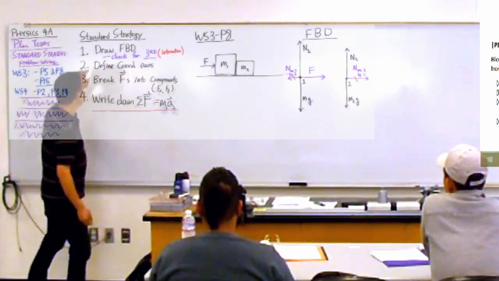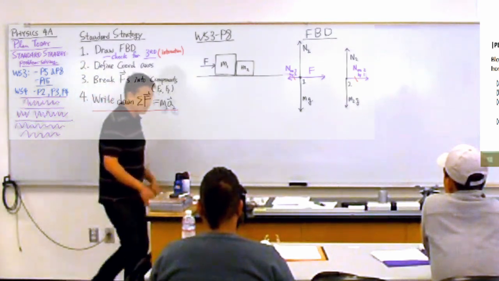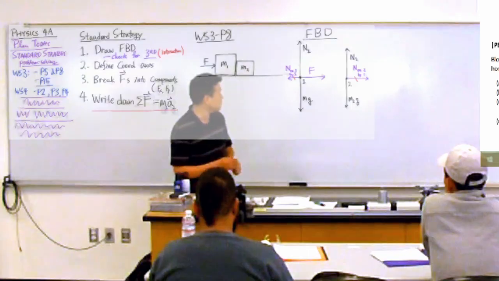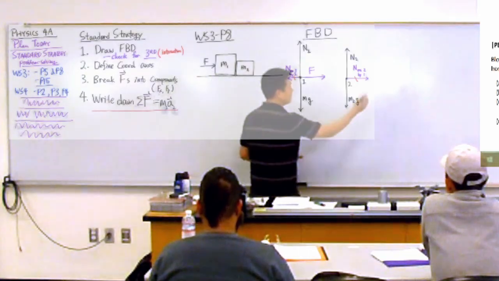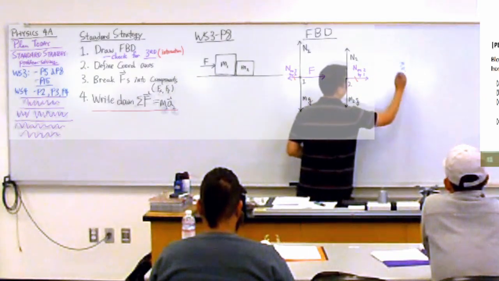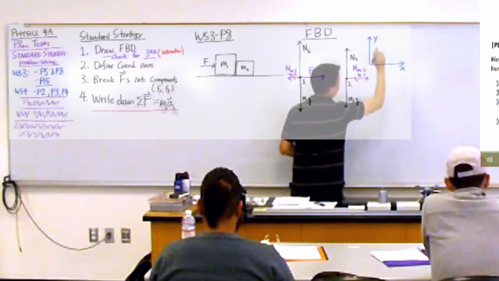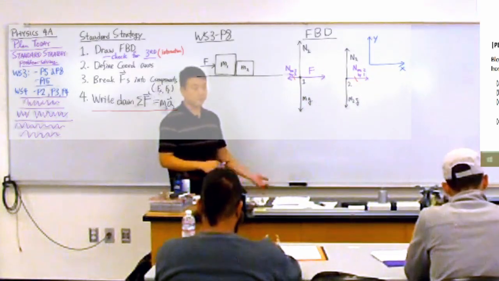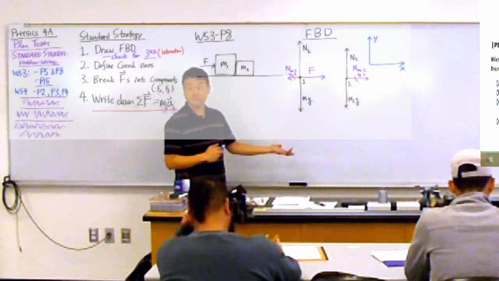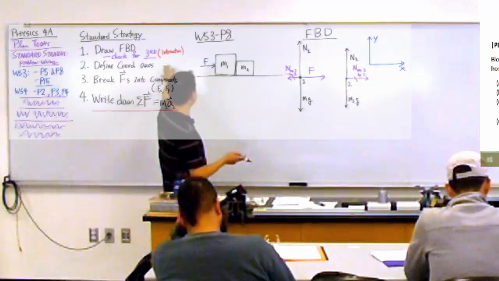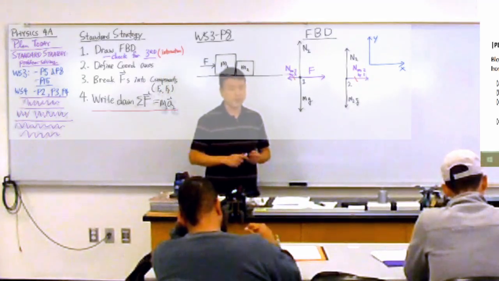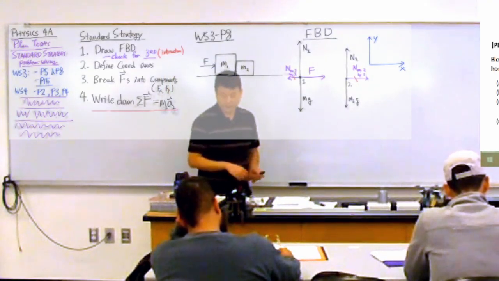So I need to define coordinate axes. Let me just define it in a natural sense here. I'm just going to define it like this. This is my positive x. This is my y. No reason to be funny about it. We'll do more about the coordinate axes when you get to 2D. That's where you actually have to be more careful anyway.